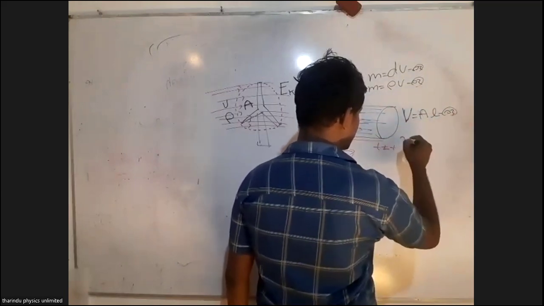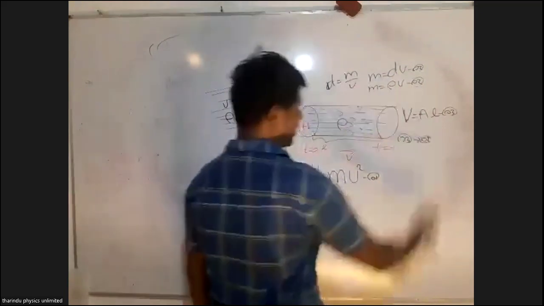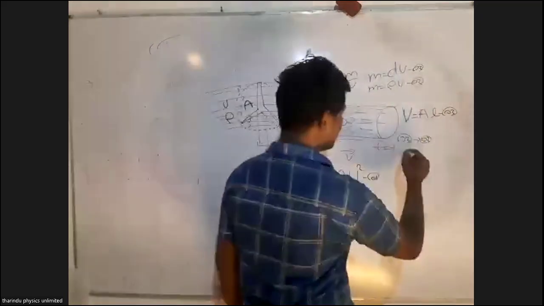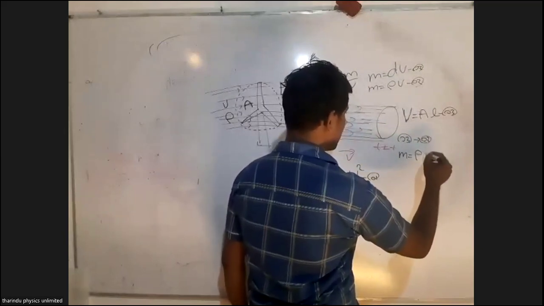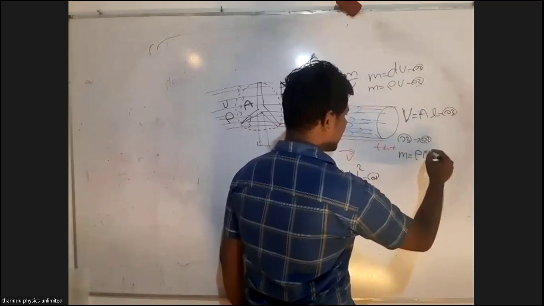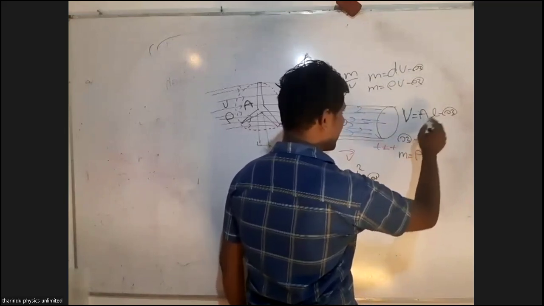So I can substitute equation number 3 into equation number 2, and finally I will get the equation for mass. It's going to be rho A L.